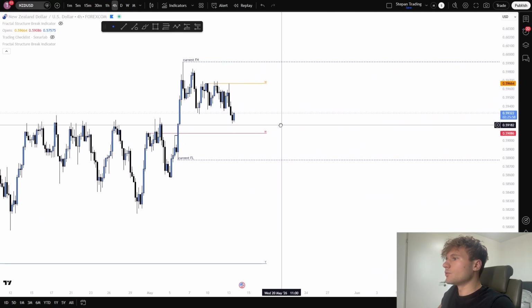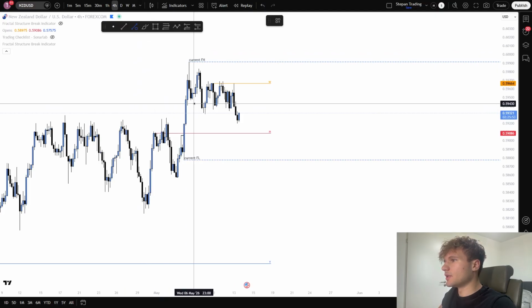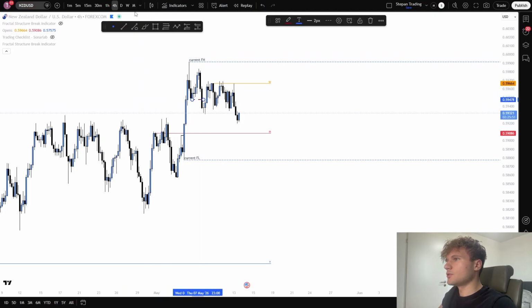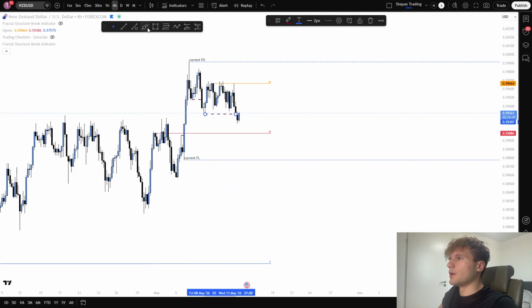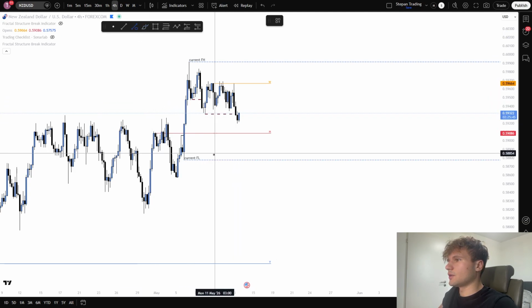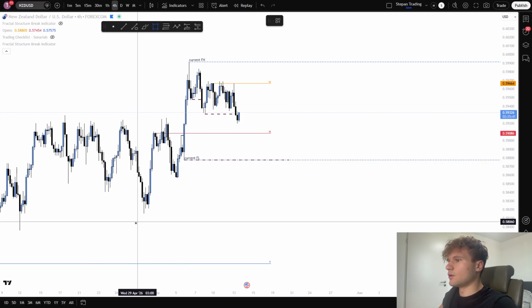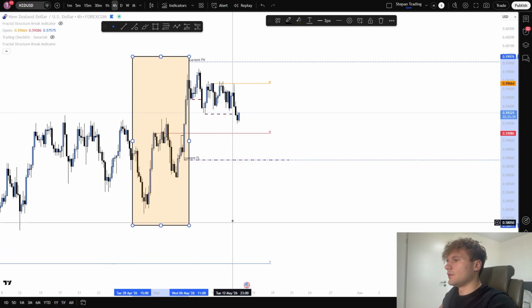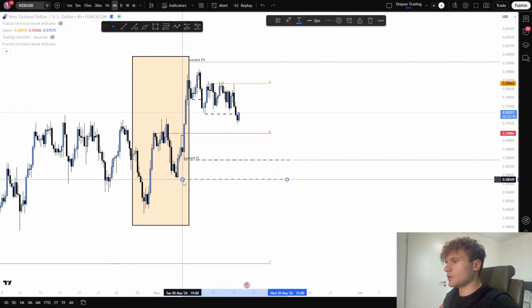So in this move, we had liquidity kind of engineered here. Now we engineer it again right here, and right here is also liquidity in this whole move up. And oh, also here, wait, right here.